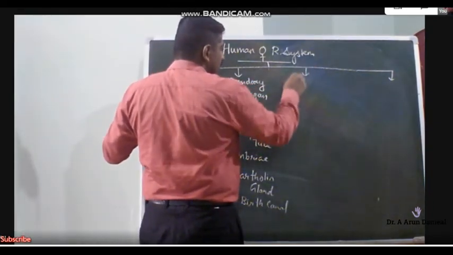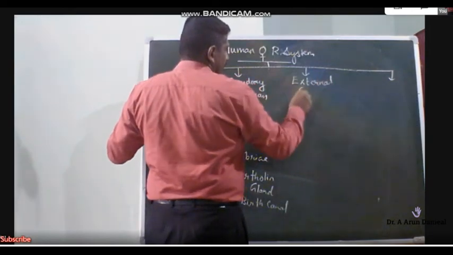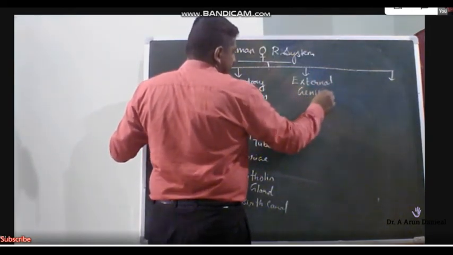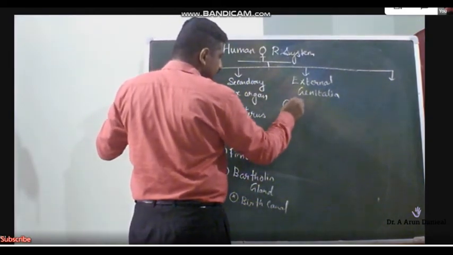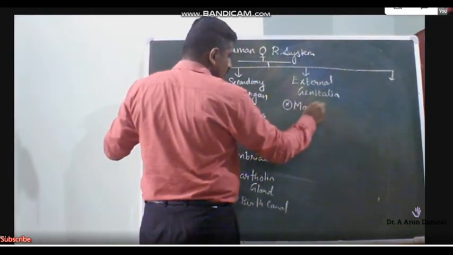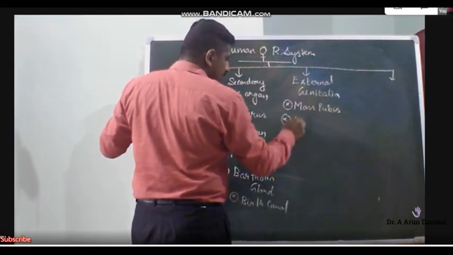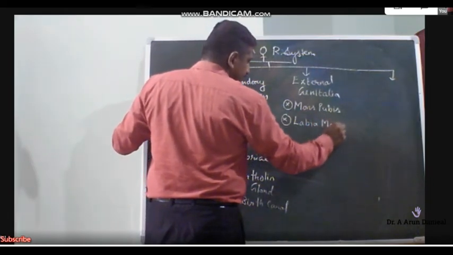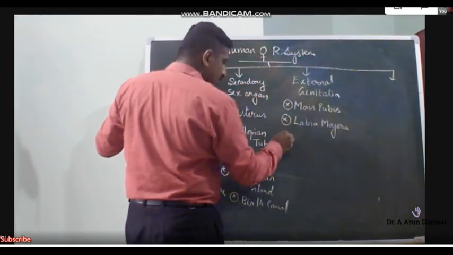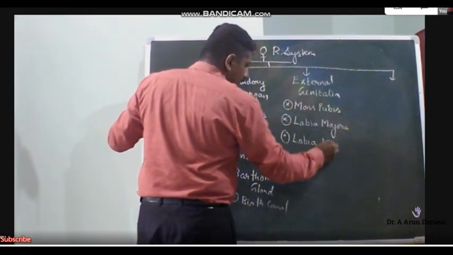The third is your external genitalia. The external genitalia includes the mons pubis, the labia majora, the first flap, then the labia minora.